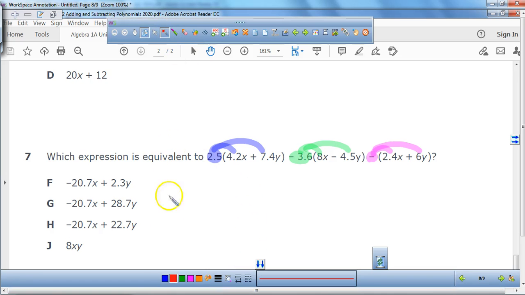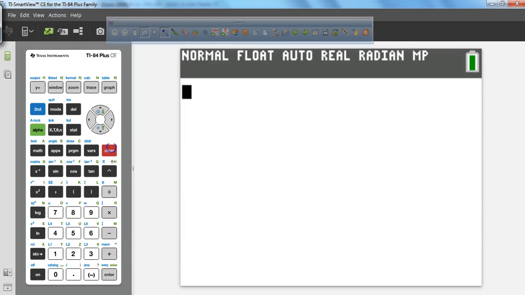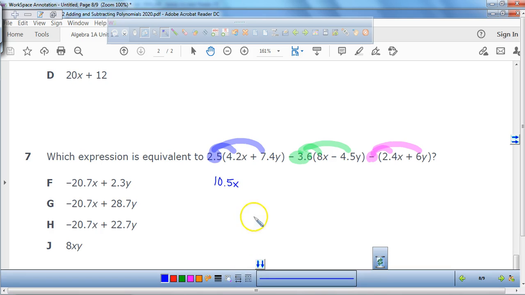So right now I'm going to write 10.5x. Then we do 2.5 times 7.4. Ooh, 18.5. So I'll put plus 18.5.